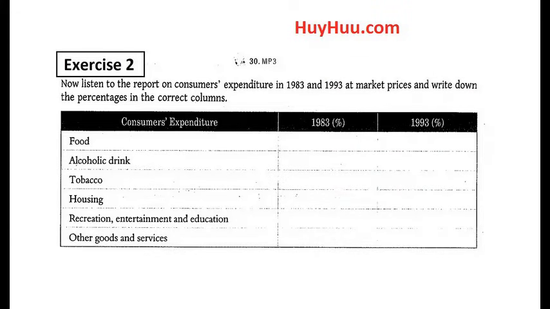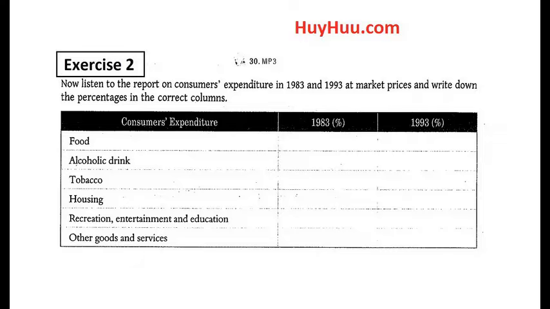Exercise 2. Household expenditure. Now listen to the report on consumers' expenditure in 1983 and 1993 at market prices and write down the percentage in the correct column.